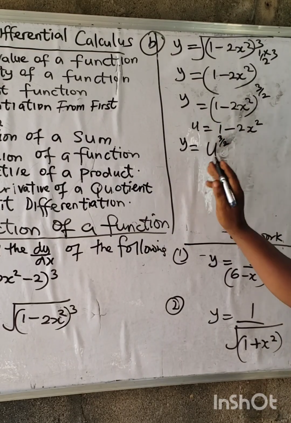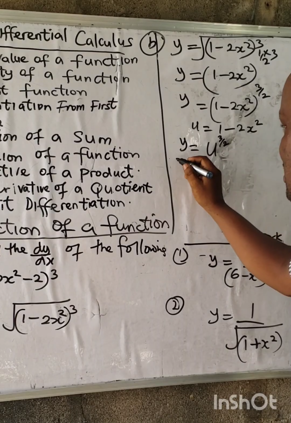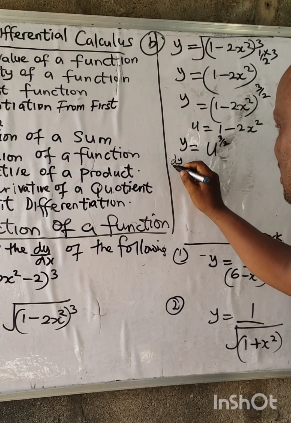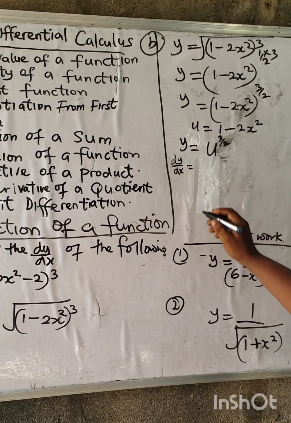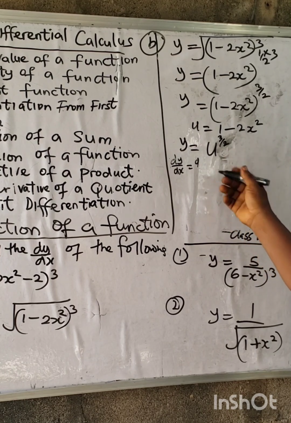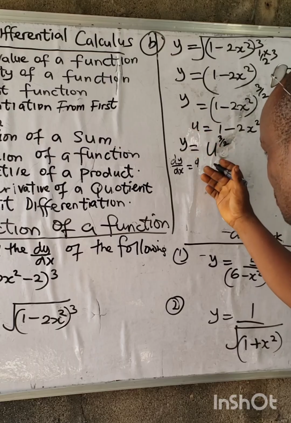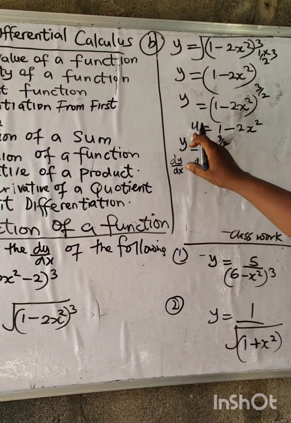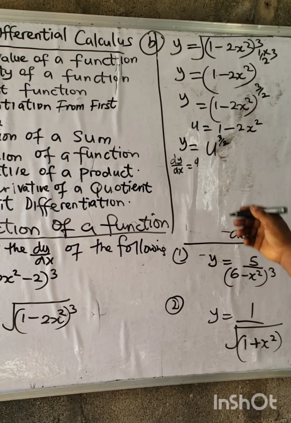Remember, the original formula is dy/ds equals du/ds multiplied by dy/du. You can write dy/du first, or you can write du/ds first, anyone.